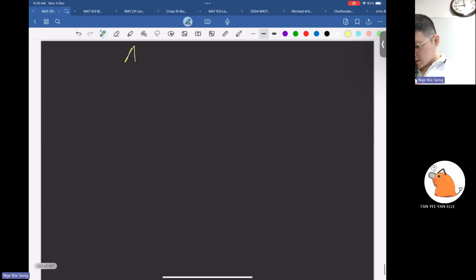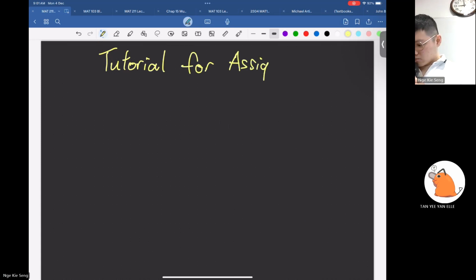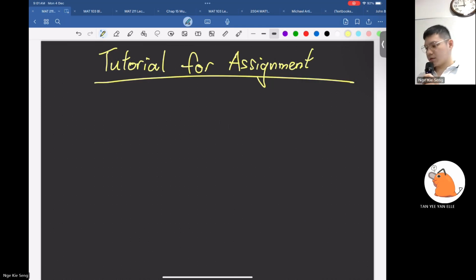So let's spend this hour doing some tutorial for the assignment, Assignment 12. Okay. So Jay asked about how to understand the mapping property of the free group and quotient group, right? Okay.